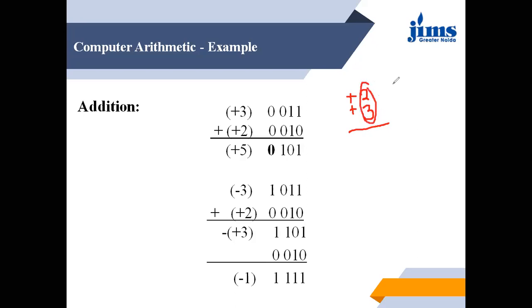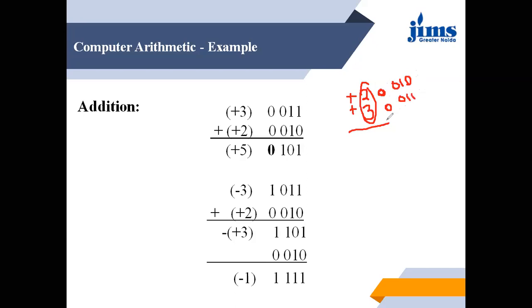So 2 is equal to 0, 1, 0, where the first bit represents the sign, 0 as the number is positive. And 3 is 0, 1, 1.